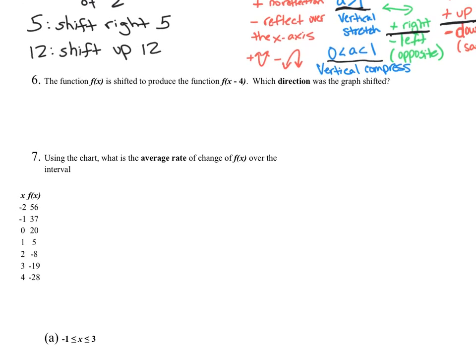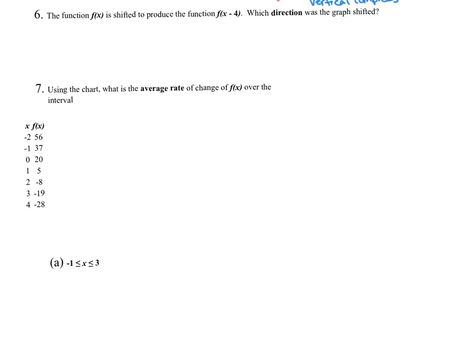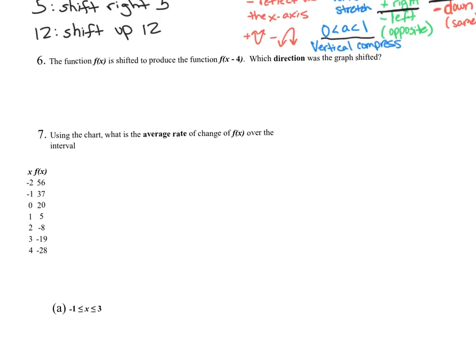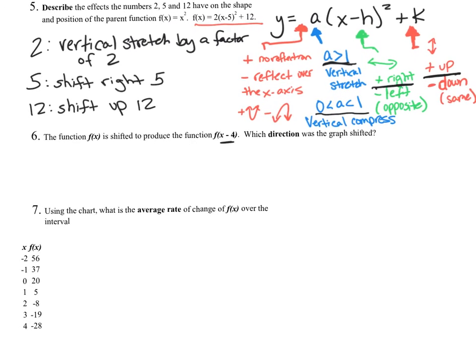The function f of x is shifted to produce the function f of x minus 4. Which direction was the graph shifted? Okay, so if we look back at what we have here, well, the 4 is in our bubble. So if it's in our bubble, which direction are we going to go?